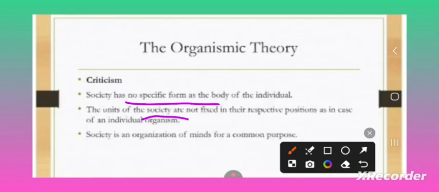Fixed position: unlike the organs of an individual organism, where the heart is always in the same place, the units, individuals and institutions of a society are not fixed in their respective positions. They can change roles and location. Purpose: society is ultimately an organization of minds for a common purpose, not a structure bound by strictly biological laws.